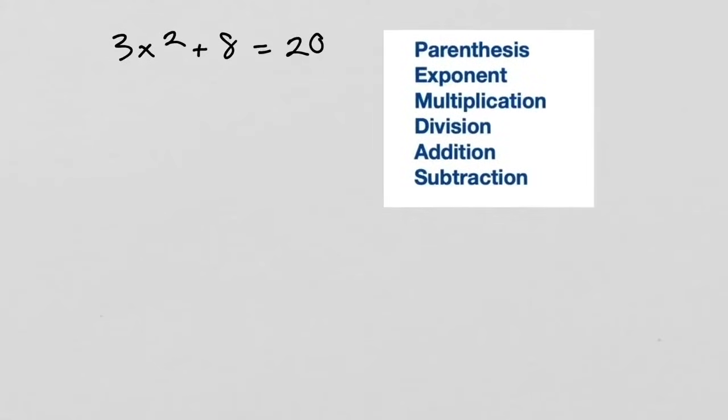So here's our order of operation. In the reversal, we will notice that we have to do the plus 8 first. Then we will do the multiplication by 3. And then we will do the exponent 2.